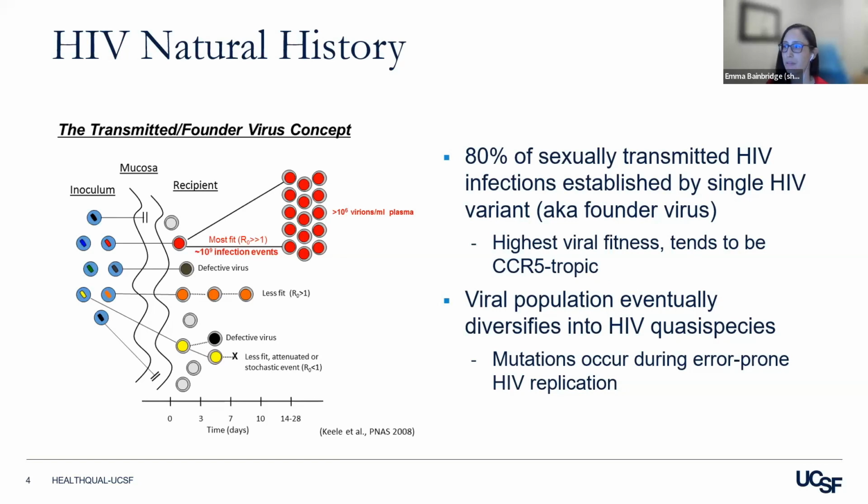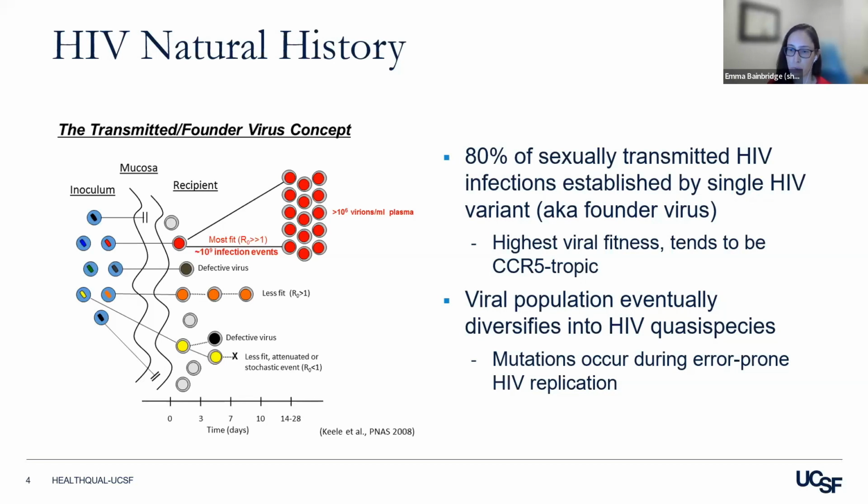So you have many different HIV variants or quasi-species that happen from just mutations over time in such a big population of virus. But when you have a new infection, there's one dominant virus that is responsible for that new infection. So 80% of sexually transmitted HIV infections are established by one single variant.